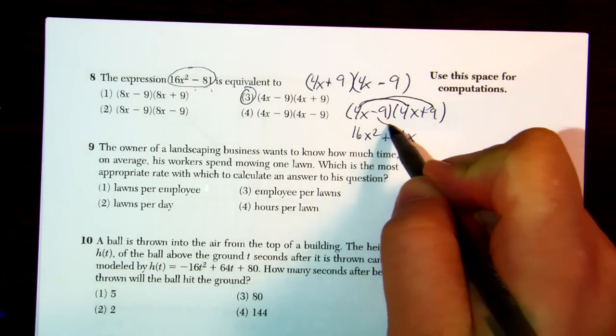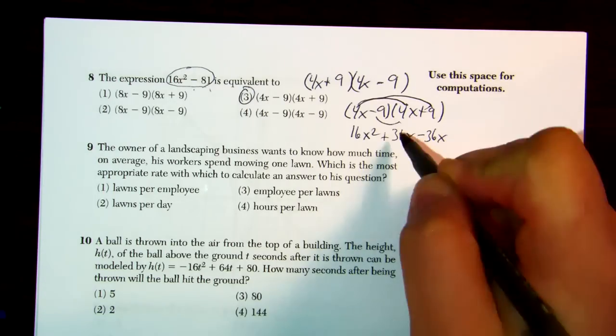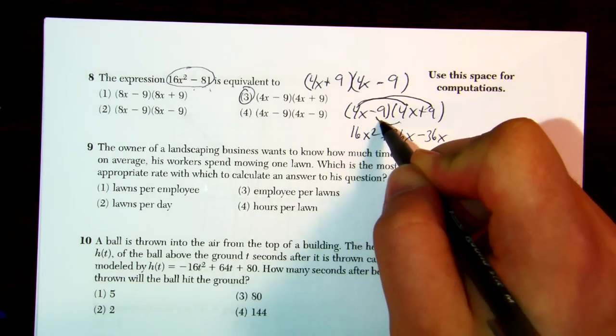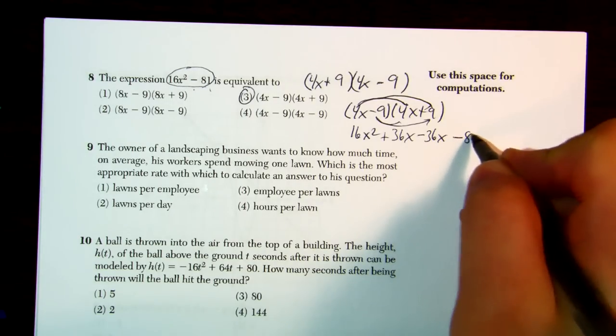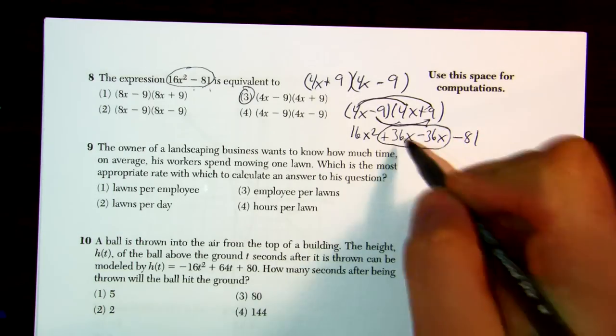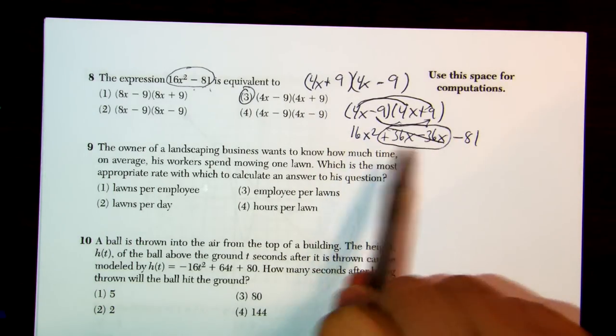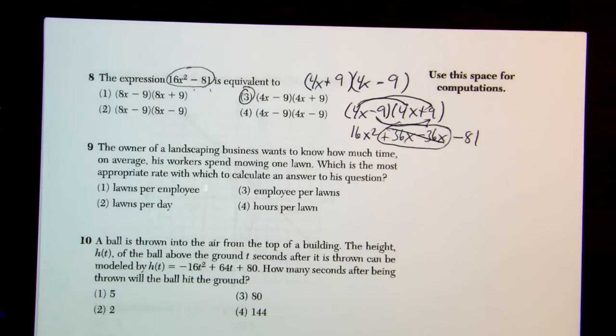Now the inners, so that's going to be a negative 36x. And then the lasts, which is going to be a minus 81. And you notice these two will cancel each other out. So that's where you get the 16x squared minus 81, which gives you back to what you have. Okay? Two ways to do it. First way that I showed you, or this way.